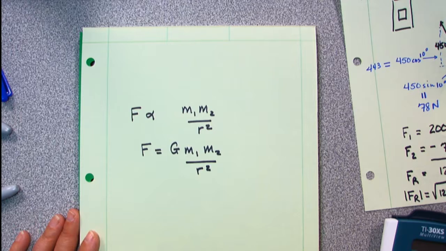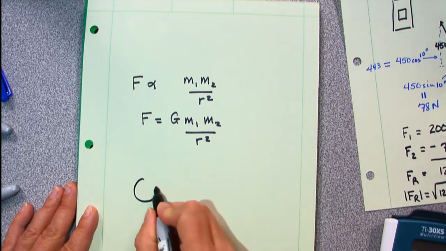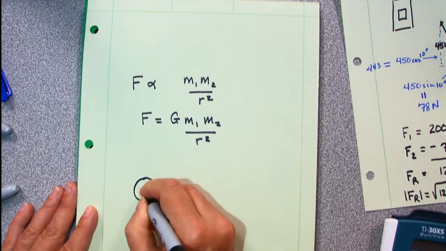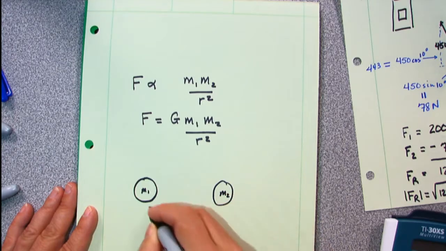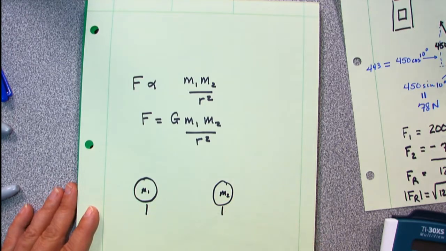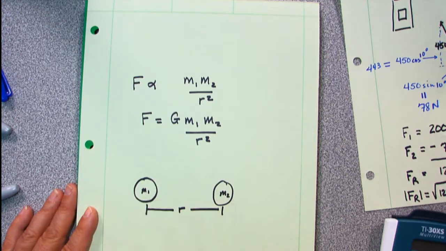And we end up with something that looks like this. So basically what we're doing is I have a mass, and I have a mass two. The distance between these two is going to be my r. And I can calculate the force between these two masses. And by the way, it's an attractive force because it's a force due to gravity.